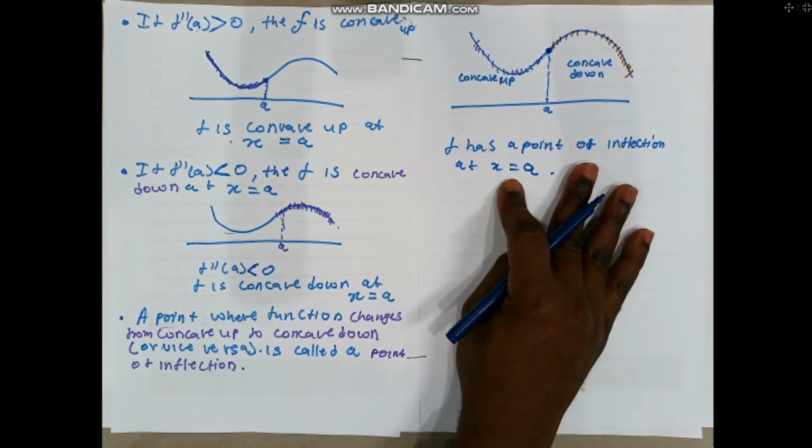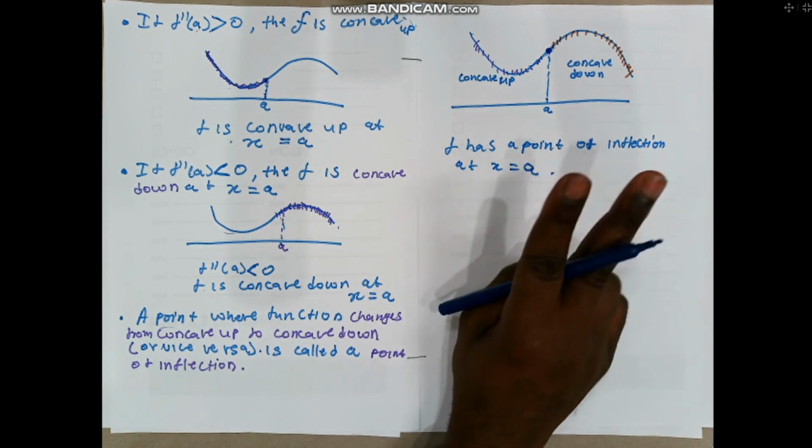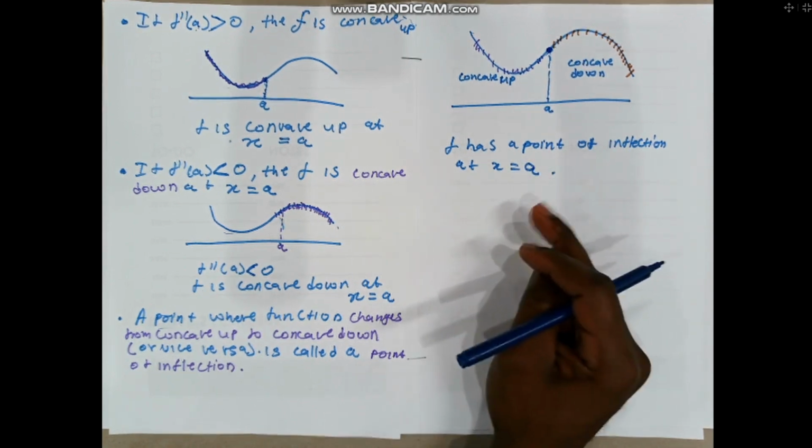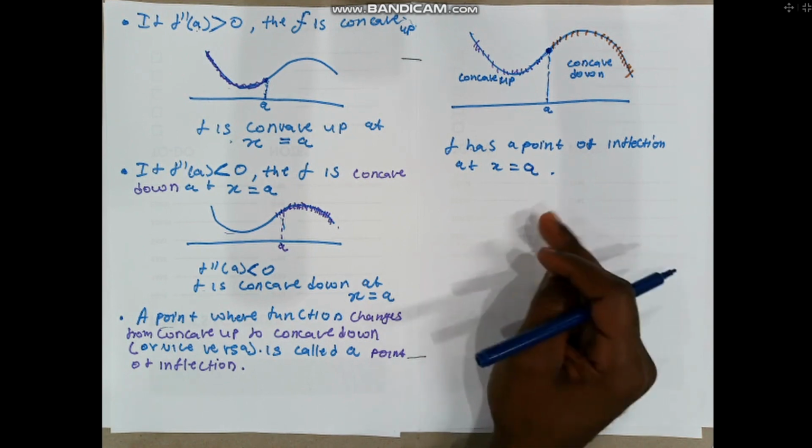How do you find this point of inflection? By doing the second derivative. You derive and then you derive again. You derive two times to find the point of inflection. That's how you find the point of inflection.